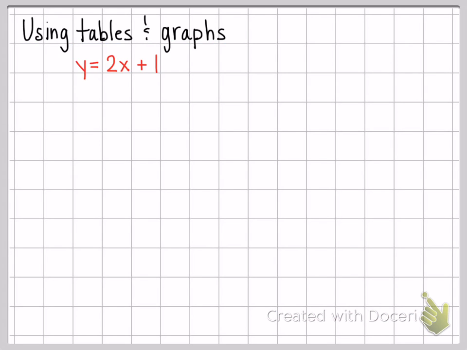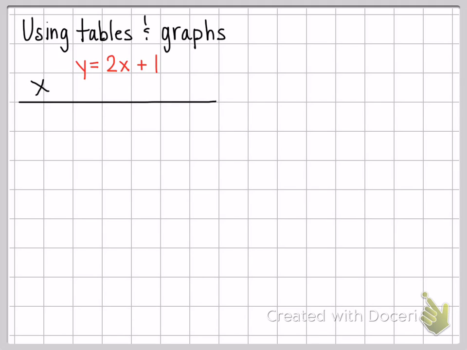You can also use tables and graphs to represent equations with two variables. Now the table we usually write is going to look something like this. You're going to have a line across the top. The first part of your graph is going to represent your x.